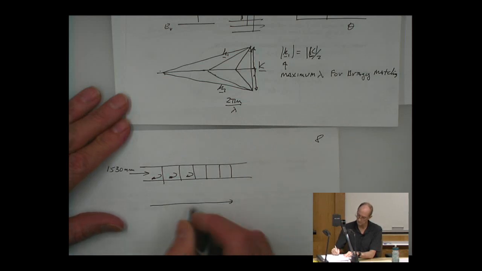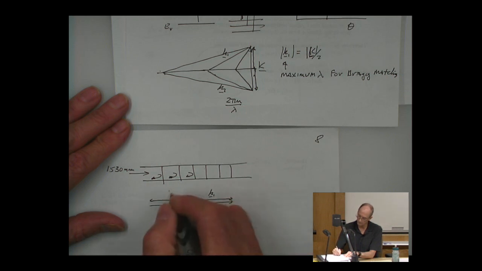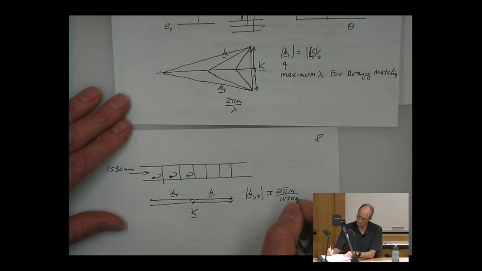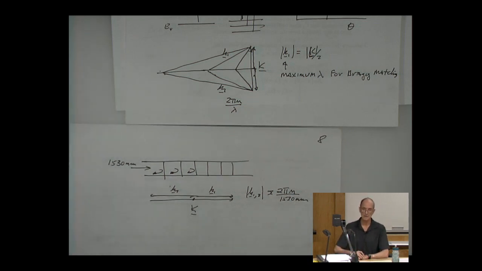Here's your K vector, and you now have K1 and K2 like that, where the magnitude of K1, K2 is equal to 2 pi n over 1530 nanometers. However, in order to form this grating, the material doesn't really expose well to 1530.